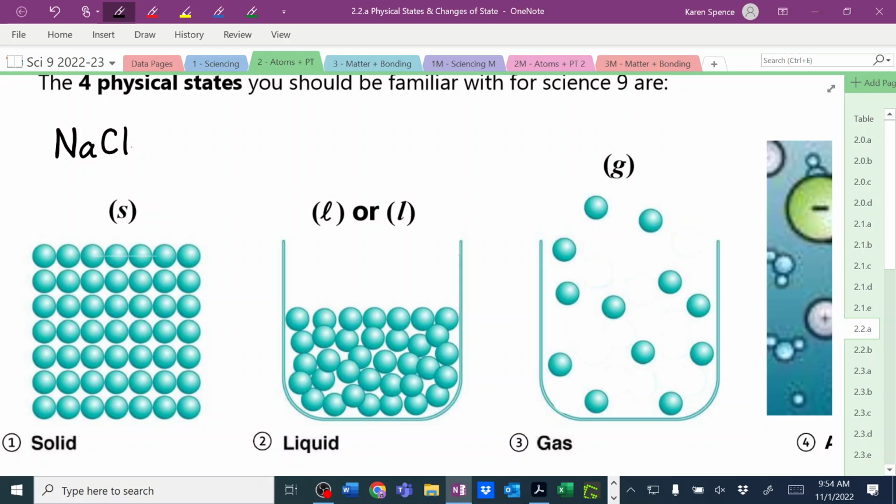As we all know, we can sprinkle it on our food. So we would put a little S down at the bottom. So the bottom left, or bottom right is where we write the state. You remember how we had a top left, a bottom left, a top right? Now the bottom right is where we write the state.